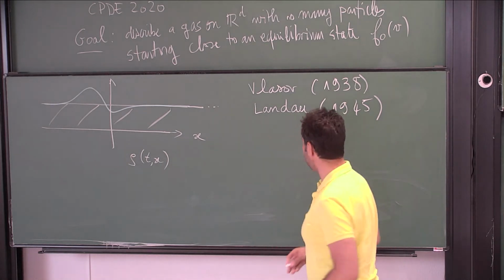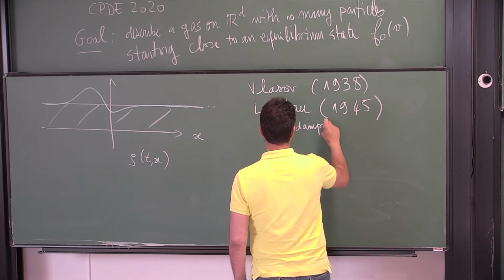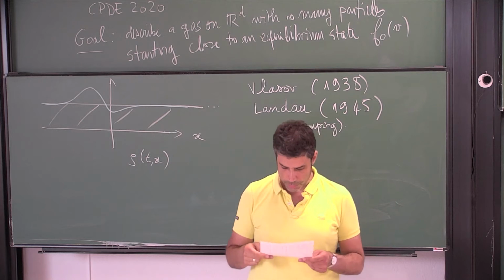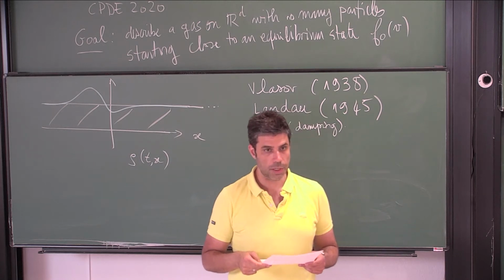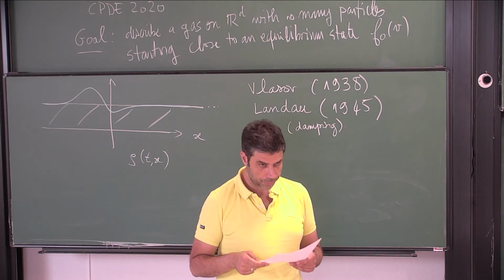That's what people now call Landau damping in the context of Vlasov. But for us, it's just dispersive effects which imply a return to equilibrium at large times.